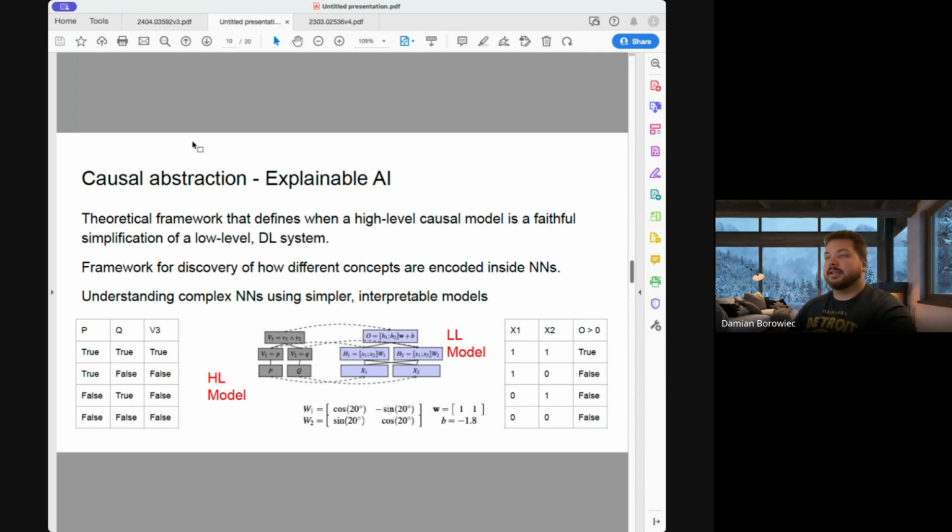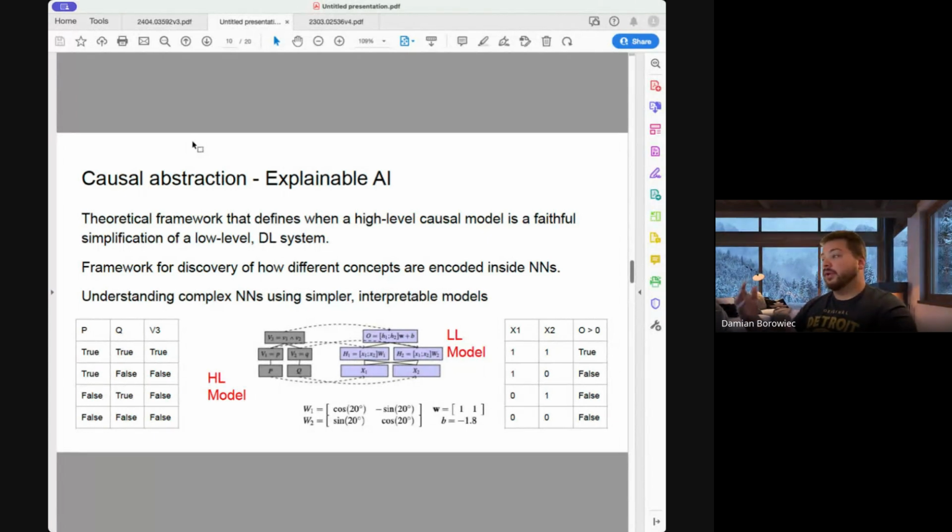Essentially, it's a theoretical framework that tries to align a high-level causal model, this could be a symbolic model or a way of understanding a concept, to a low-level deep learning system. It is typically used in explainable AI to try and determine how different parts of a neural network encode concepts within the neural network.